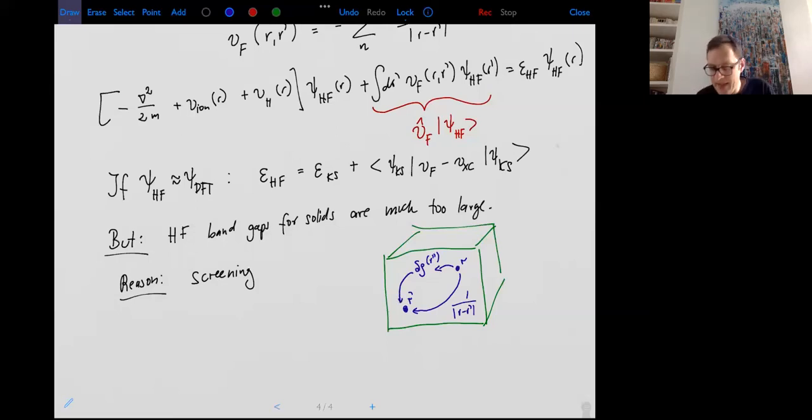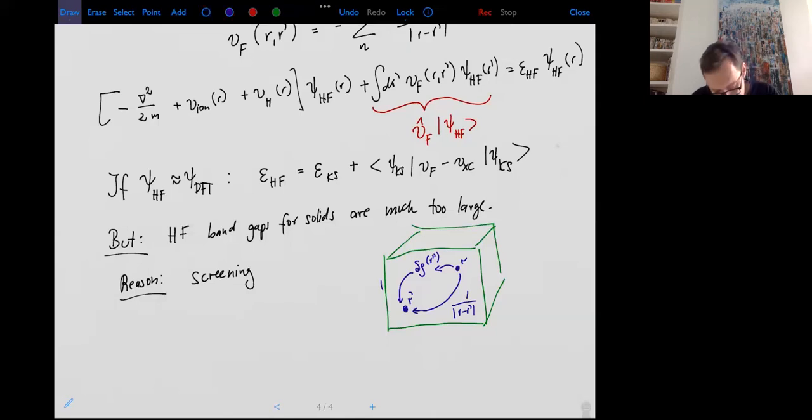And that typically makes interactions much weaker, because basically when I put an electron into a material, around that electron, the other electrons are repelled. So that means in the vicinity of that electron, there's an excess of positive charge, and that makes the potential of the electron weaker. And so Hartree-Fock actually only captures this direct interaction and completely misses the contribution of this polarization charge density delta rho.